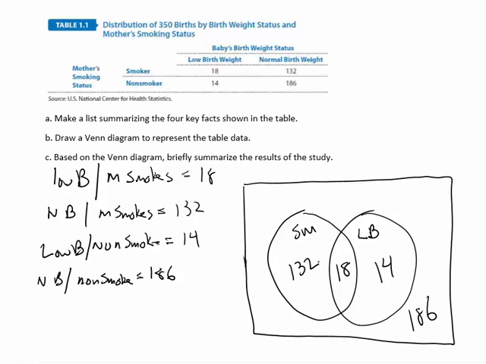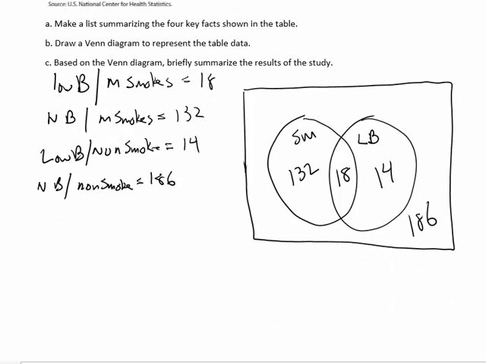Okay, so what does all of this mean at the end of the day? What kind of summary statements can we make? Well, one thing we can do is look at overall categories. We can make a statement about how many babies are born with low birth weight. So there's low birth, and that would be the 18 plus the 14, which is 32.